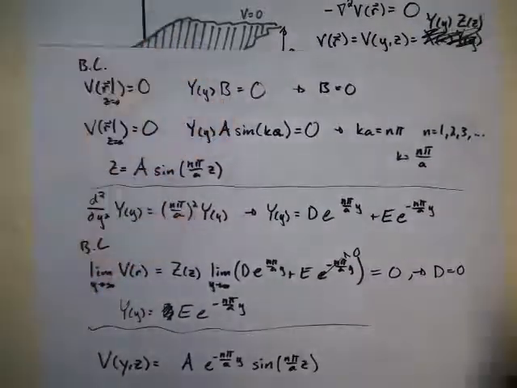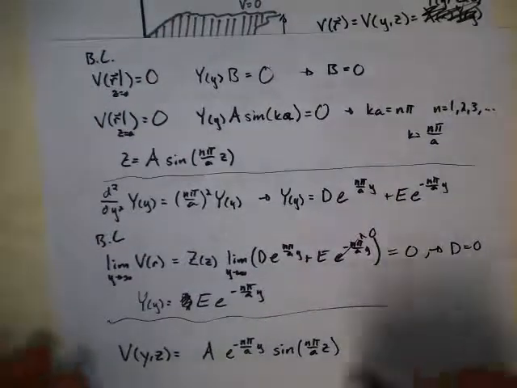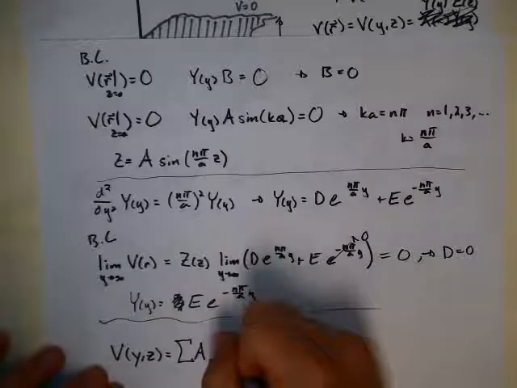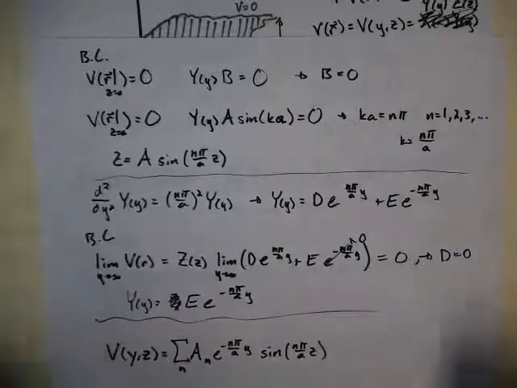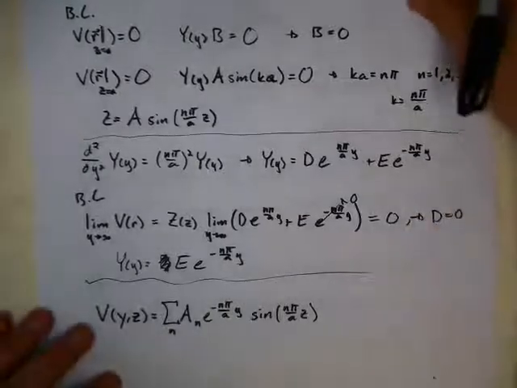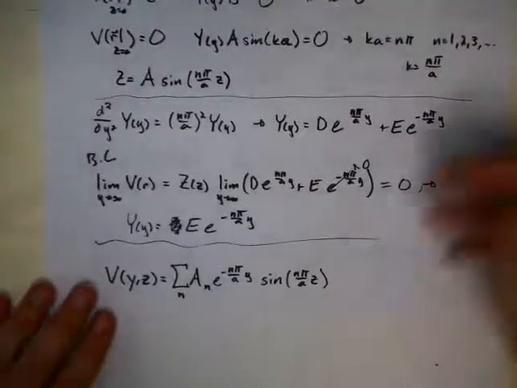And that's true for every n. And so, because of the superposition principle, a general solution then needs to be a sum over all of the n's. So this is what our potential looks like at this point.